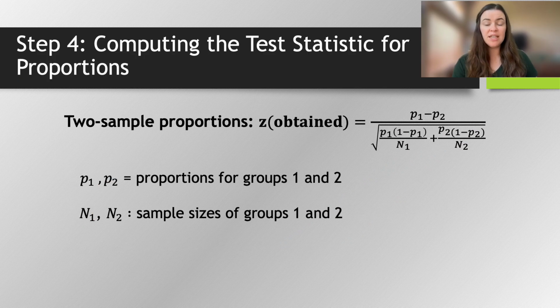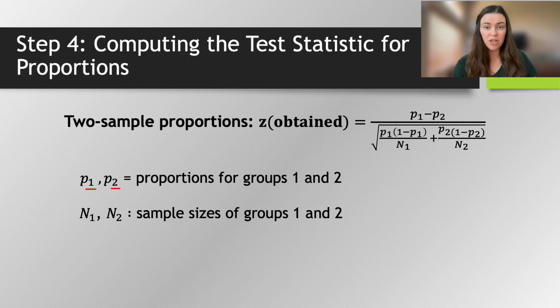In terms of the test statistic for a two-sample test for proportions, this should look a little bit more familiar to us, at least in terms of the information that we'll be using. P1 represents the proportion value of group 1. P2 will serve as the value for the proportion of group 2.